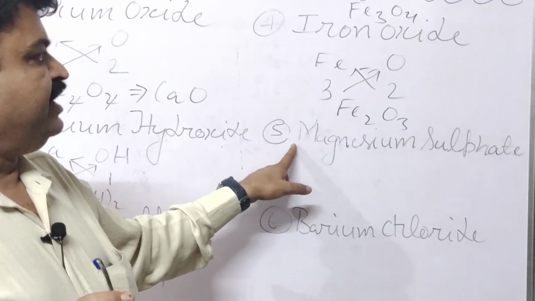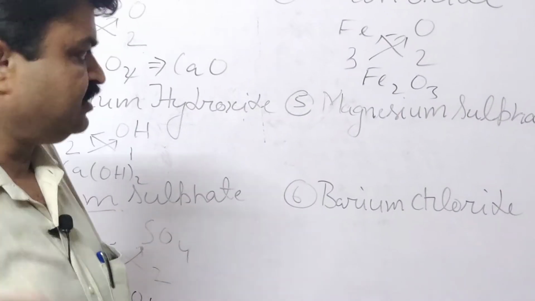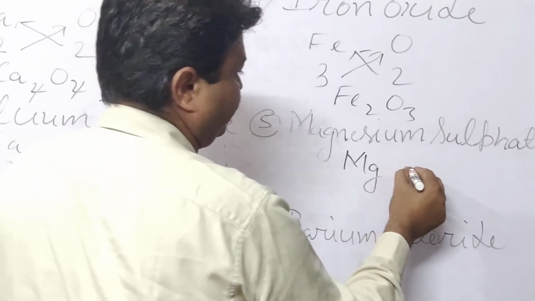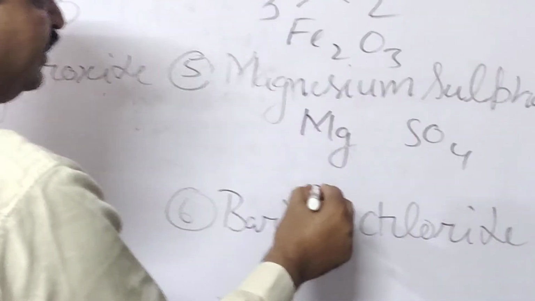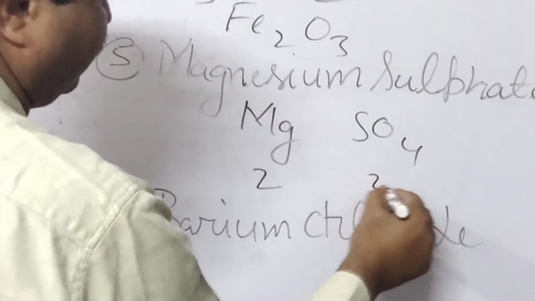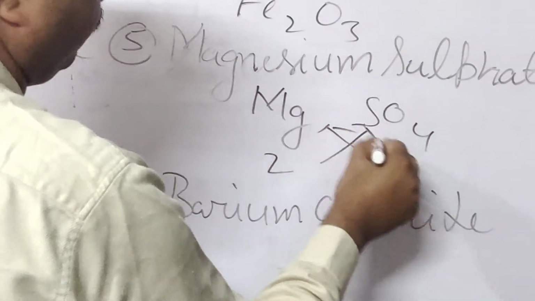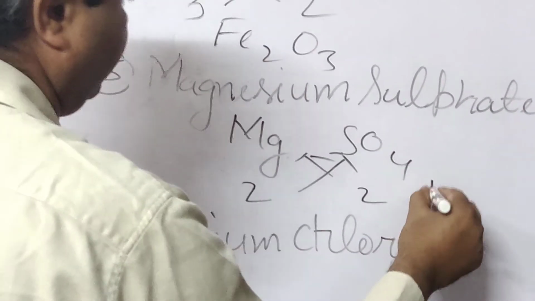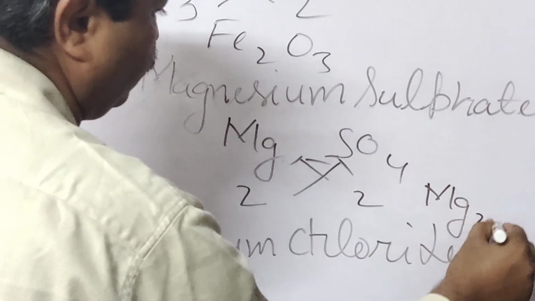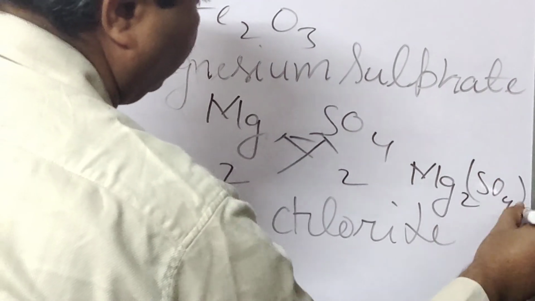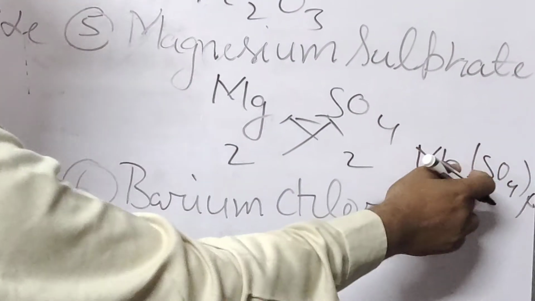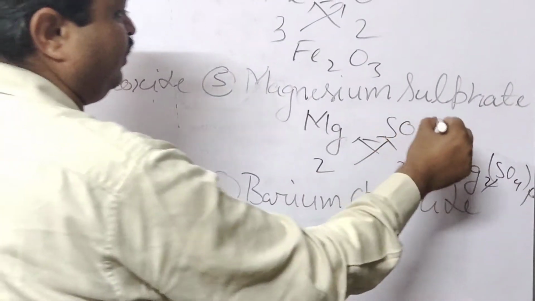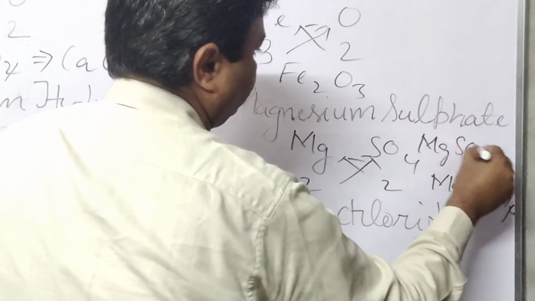Now we come to magnesium sulfate. Magnesium valency is 2, sulfate valency is 2. Now we interchange it, and the formula that we will get here will be Mg2(SO4)2. From this, the 2 will be cut by 2, and the formula that we will get here will be MgSO4.